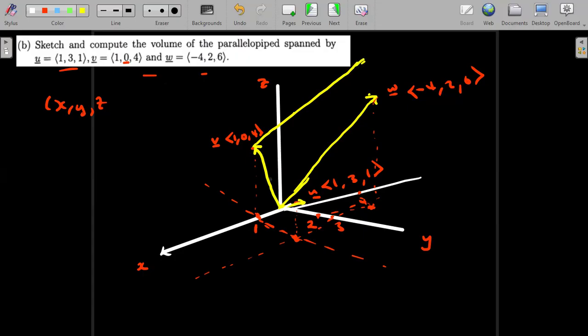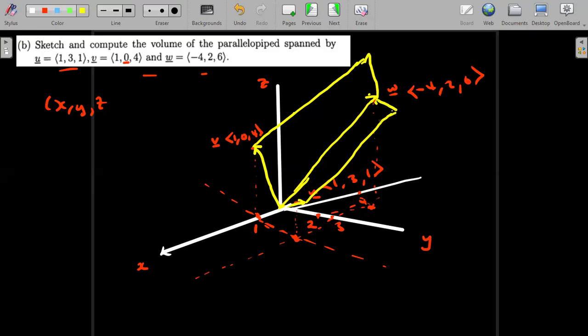Then I'll draw another parallel line for this vector here, the vector v, and I'll start it from the top here. It will go to that there, and I'll connect. Then I'll draw another parallel vector to the vector w from this vector here, and that will be like that. Then I'll draw a vector parallel from this to there of the vector u.